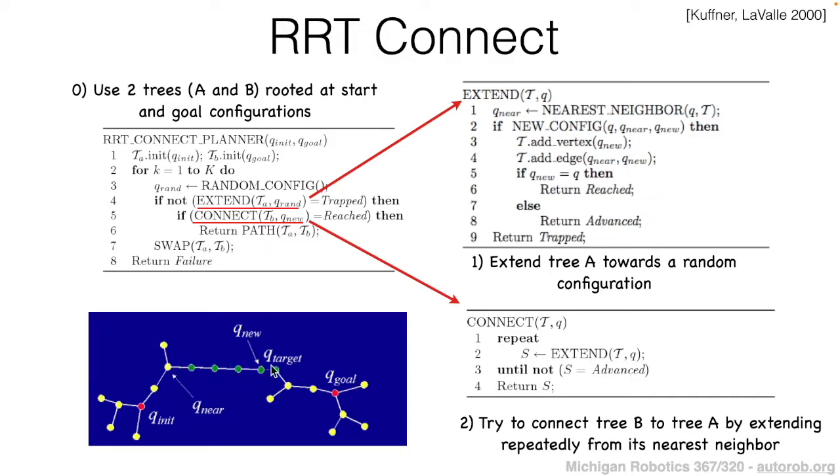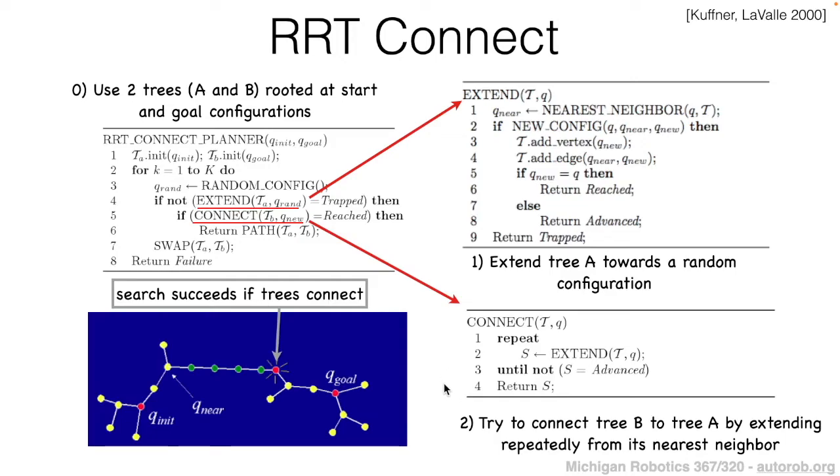And so in this case, because there are no collisions along this straight line path, you can see that this connect function is going to repeatedly add this sequence of new configurations to the tree T sub B until ultimately it actually reaches and makes a valid connection to the tree T sub A, resulting in a successful planning iteration. So at that point, our algorithm would know that there's a valid path between these two trees, which it could then return as its result, and then stop the search.